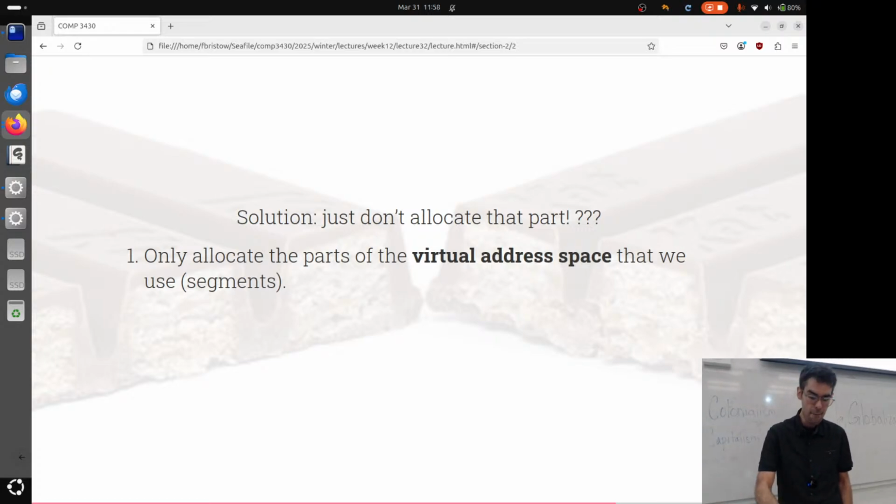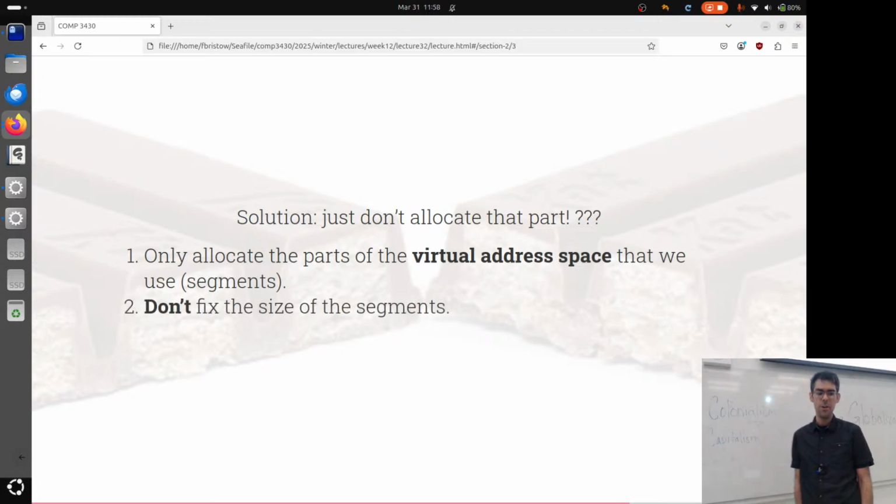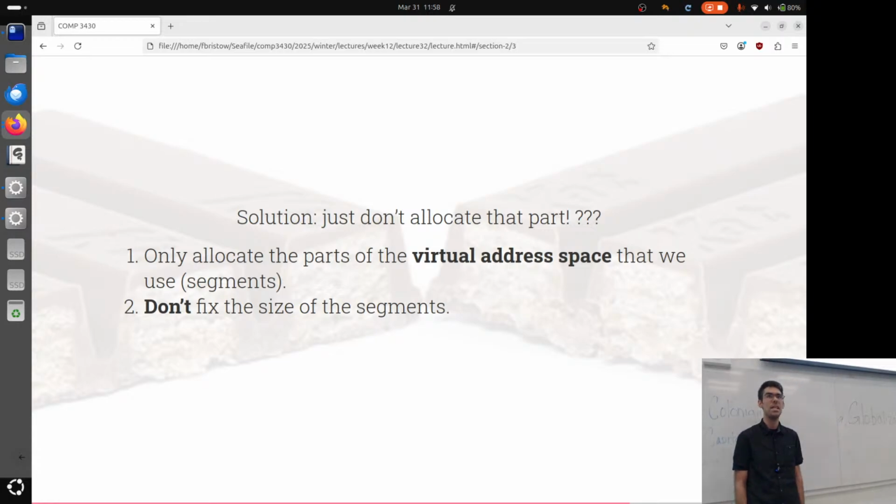The other half of this is that we're not going to fix the size of the segments. With base and bounds, what we were saying is, I'm going to break physical memory up into some fractional size of itself. I'm going to have these partitions that are each fixed in the exact same size, and I'm going to stuff an entire virtual address space inside of that fixed partition.